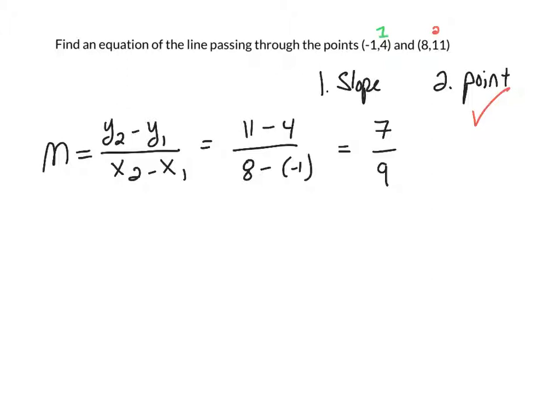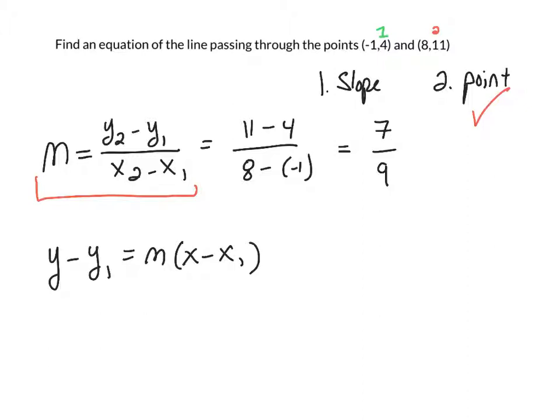Well, I already have a hint to tell me what the point-slope form is. I have this over here. I already have my slope, and if I just bring this x2 minus x1 over to the other side, that gives me a very good hint at what my formula is. So if we recall, the actual formula is y minus y1 equals m times (x minus x1).